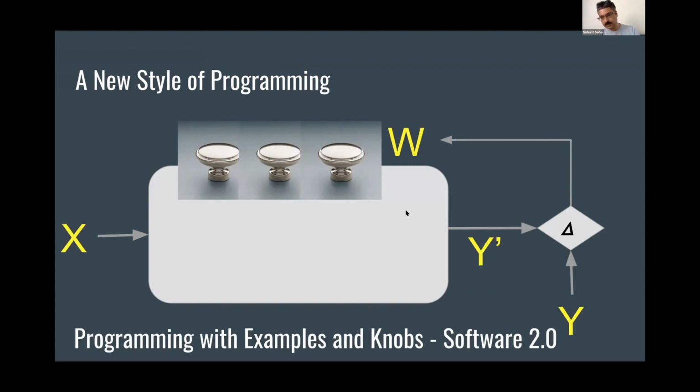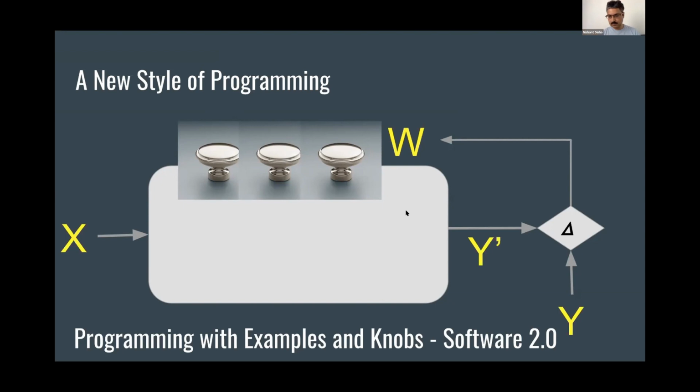Then there's a diff function which compares Y prime and Y and computes some error, and that is fed back so that you can tweak the knobs so that in the next iteration, the output Y prime is closer to Y. At a very high level, this is the principle behind learning. These are the programs that learn, and for the formal methods community, the parallel is counterexample guided synthesis.